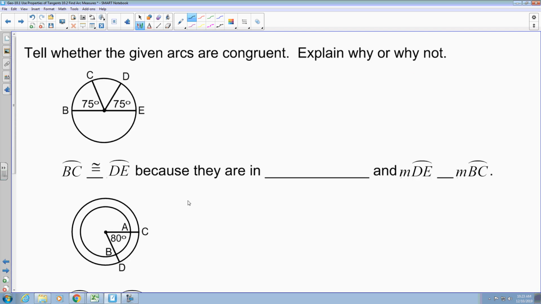And then the last page here talks about congruent arcs. To have congruent arcs, two things have to happen. The first thing is you have to have the same arc measure.